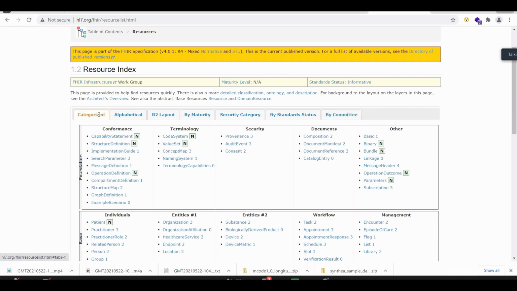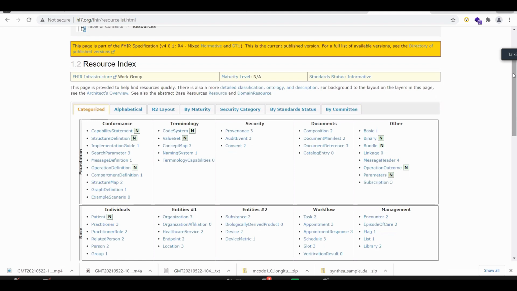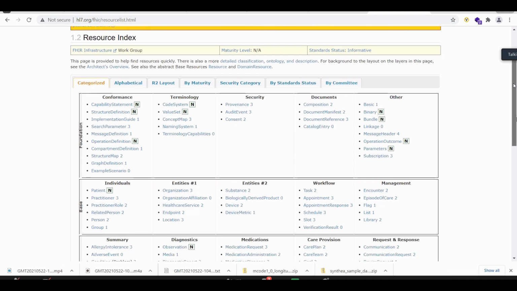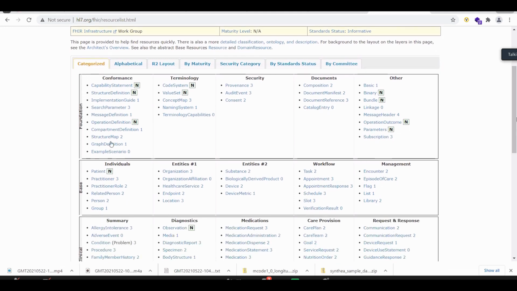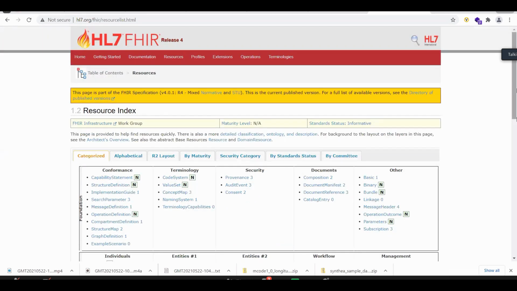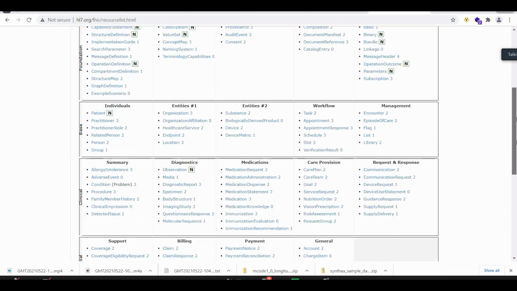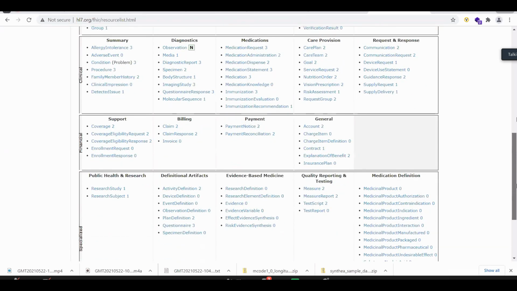Since we are here, we'll just look at this categorized list. So the categories are foundation, which FHIR says are foundational resources. Then there are base resources, then clinical resources, financial resources, specialized resources.